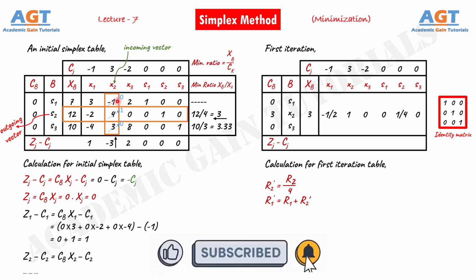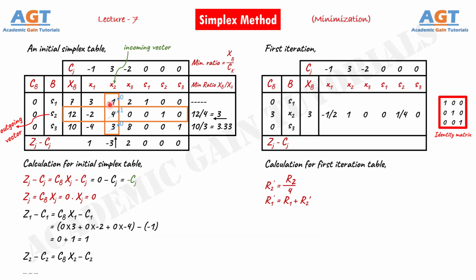In the R1 row of the old table, in this position we had -1, and in the new R2 row we have obtained +1 in this position. Now if we add this old R1 row and new R2- row, then -1 plus +1 will be 0. So, in the new R1- row, we will get 0 in this position. This is why we are adding the R1 row with the R2- row.